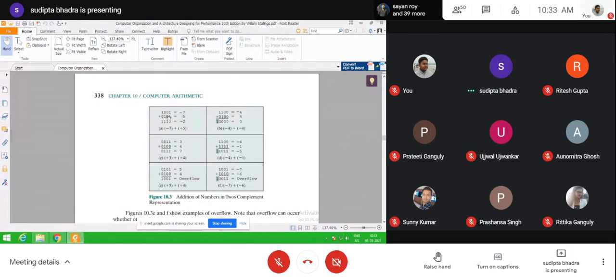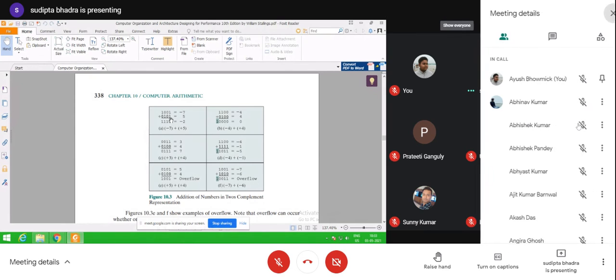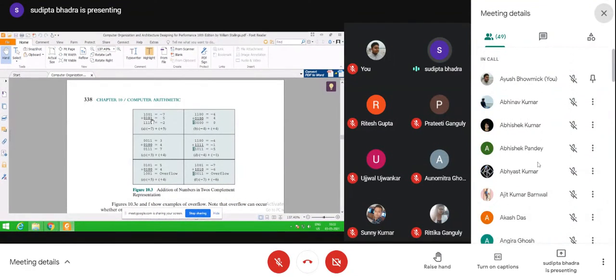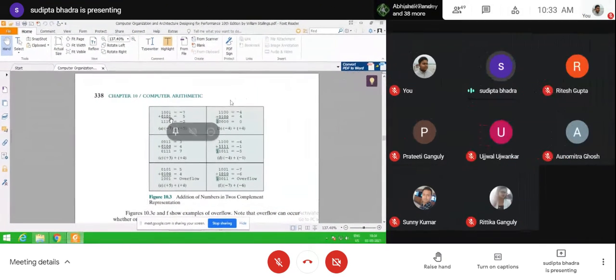So in 2's complement, the positive number representation is the same as sign magnitude. Here +5 is 0101, normal sign magnitude. But the negative number representation is different. The MSB represents a negative bit value.